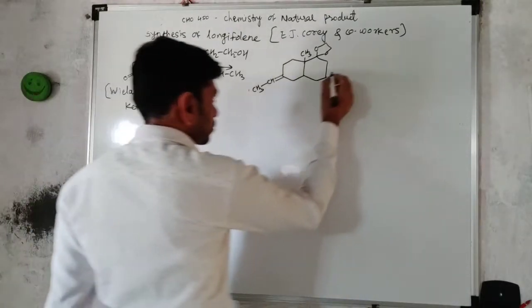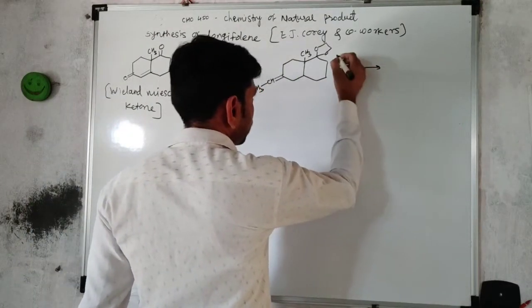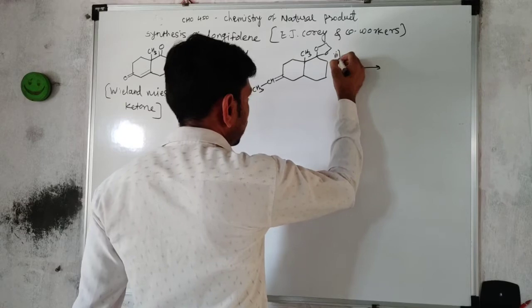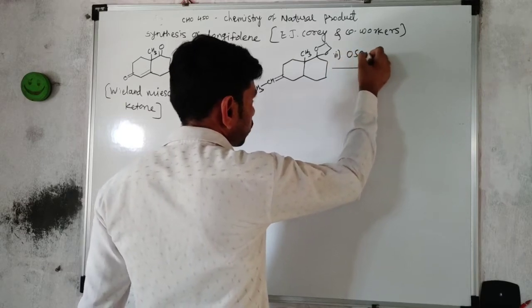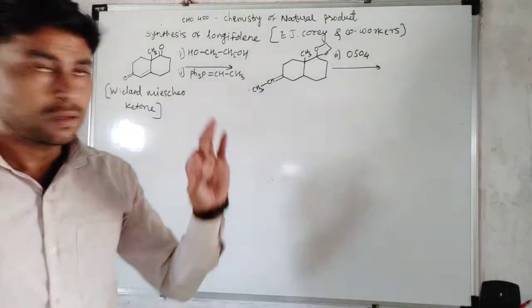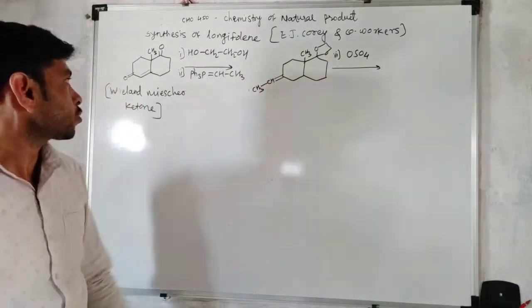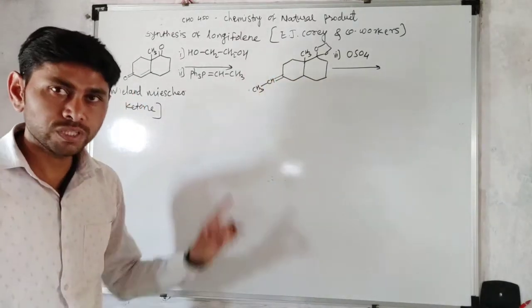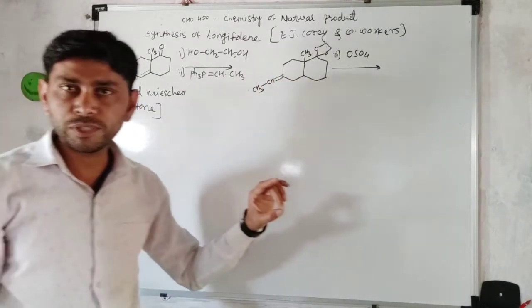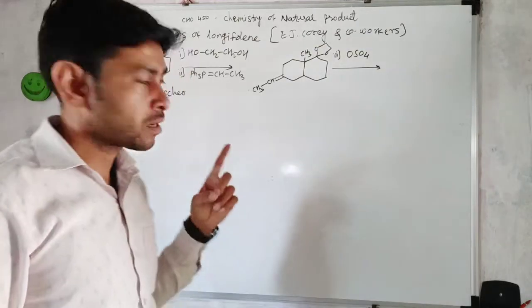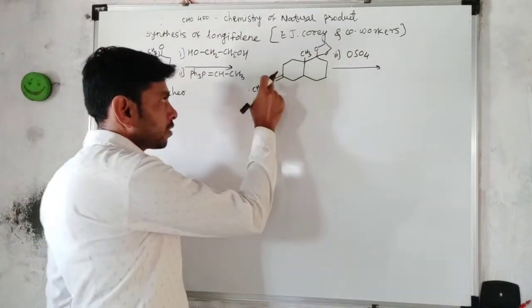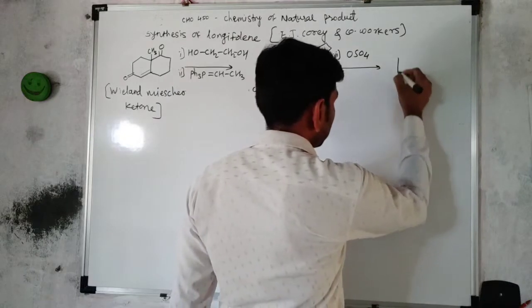Here in the first step again we have to add another reagent, that is osmium tetroxide. This is osmium tetroxide, and we know that we use this reagent for diol formation from a carbon-carbon double bond. So here there is a diol formation.